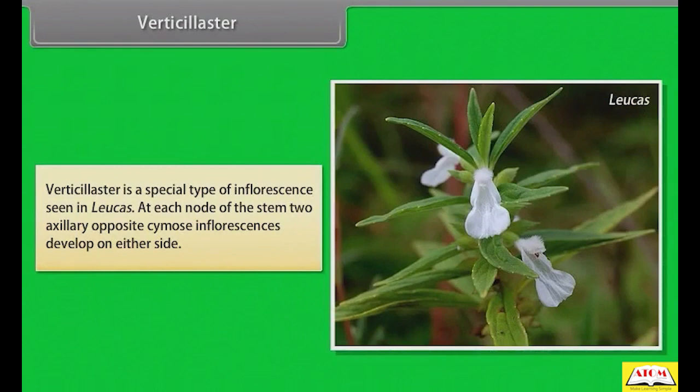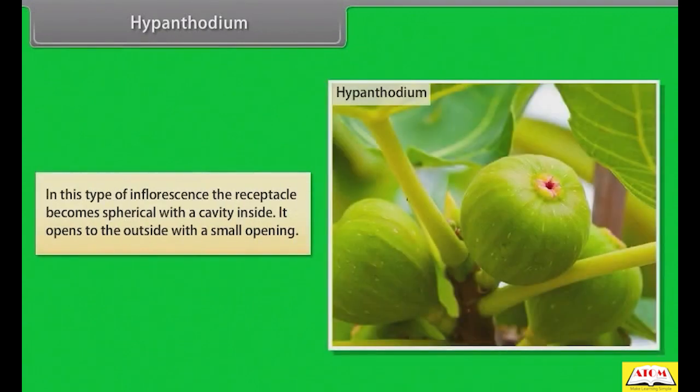Verticillaster. Verticillaster is a special type of inflorescence seen in leucas. At each node of the stem, 2 axillary opposite Cymose inflorescences develop on either side. Hypanthodium. In this type of inflorescence, the receptacle becomes spherical with a cavity inside.